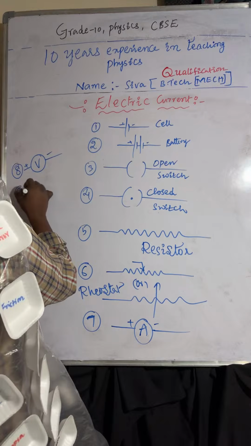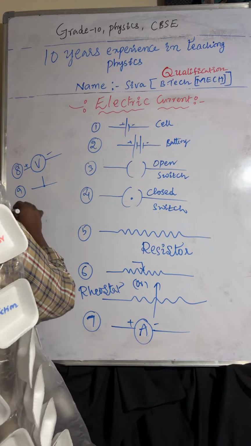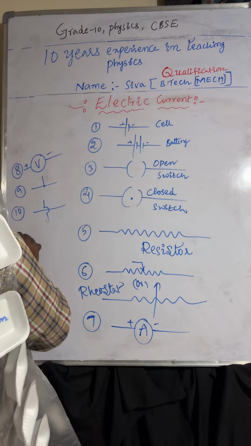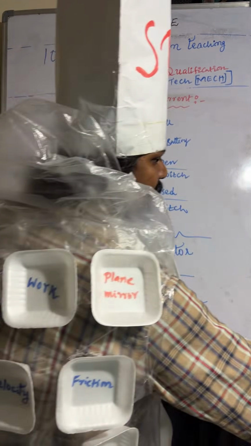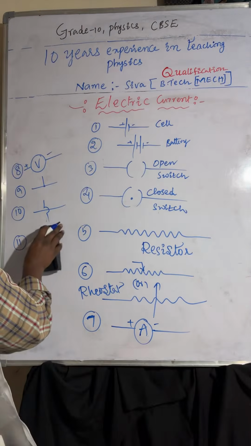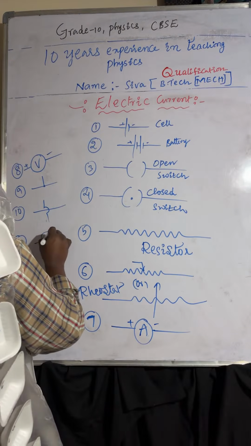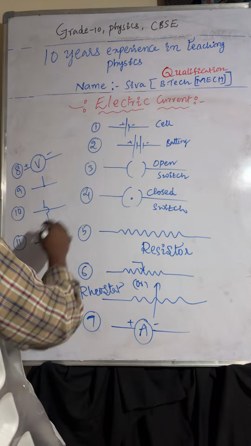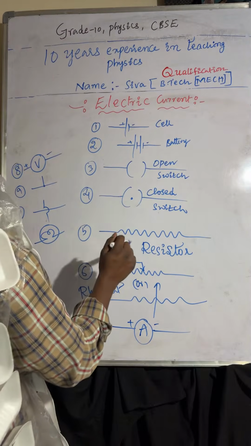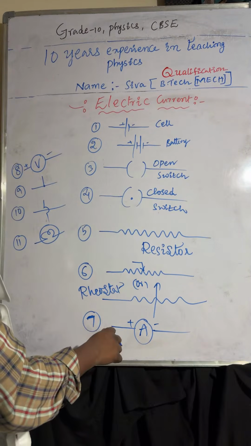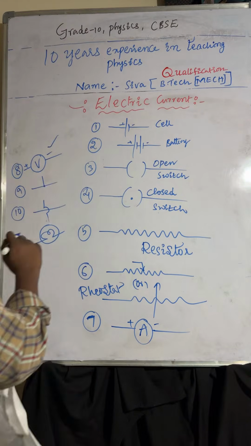The ninth one is wire joining, the 10th is wire crossing, and the 11th is bulb, with its symbol. These are the electrical elements: cell, battery, open switch, closed switch, resistor, rheostat, ammeter, voltmeter, wire joining, wire crossing, bulb.